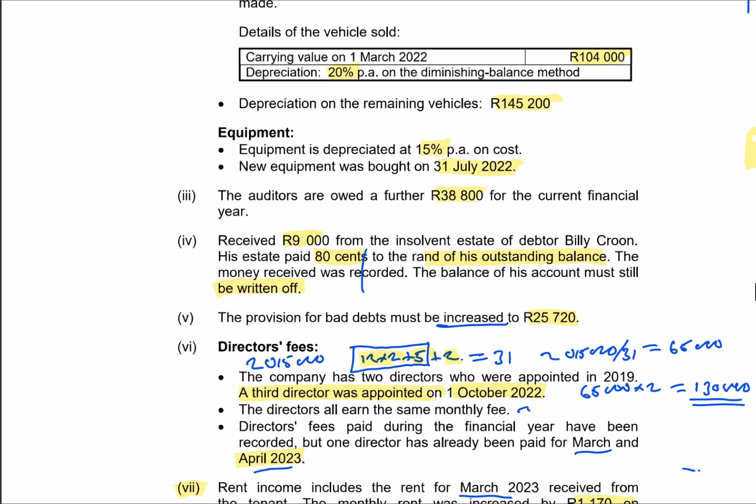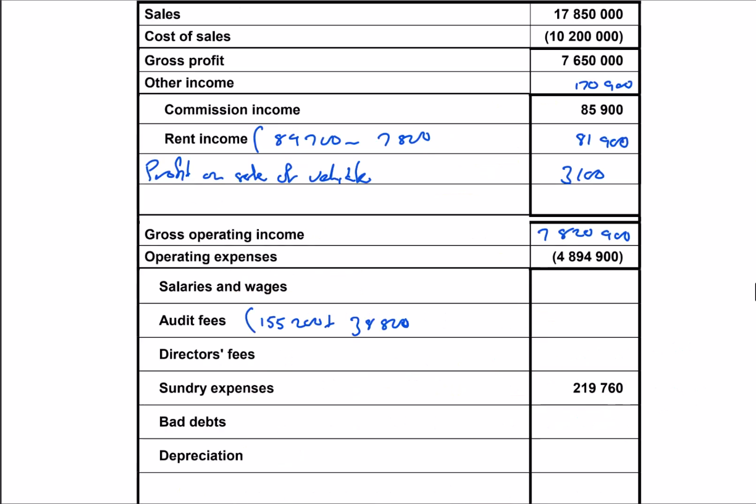So if you say 29 over 31 times 2,000,000 and 15, you get the exact answer that we're going to get now. So here it's director's fees is 2,015,000 minus 130,000.